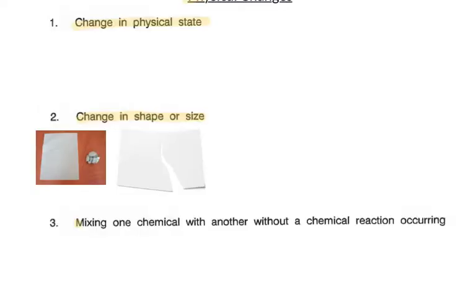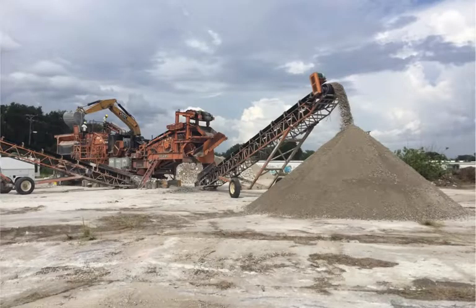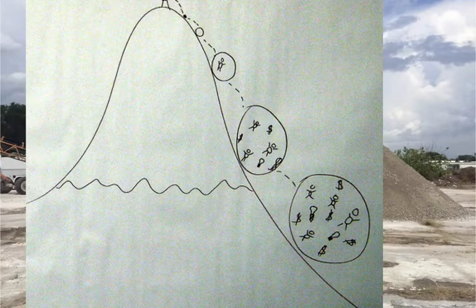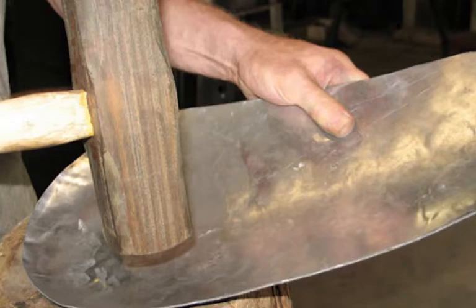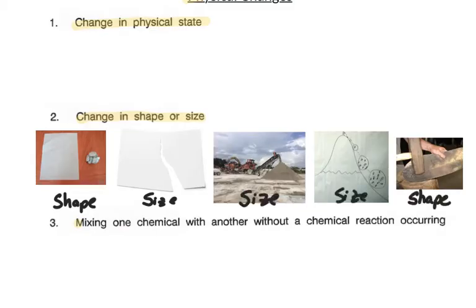If I tear it in half, it's still a piece of paper. It just looks different. Those are considered physical changes. I'm not making something new. It's still paper. So if I crush something, if I make it larger by balling it up, if I hammer it down and make it flatter, those are all physical changes.